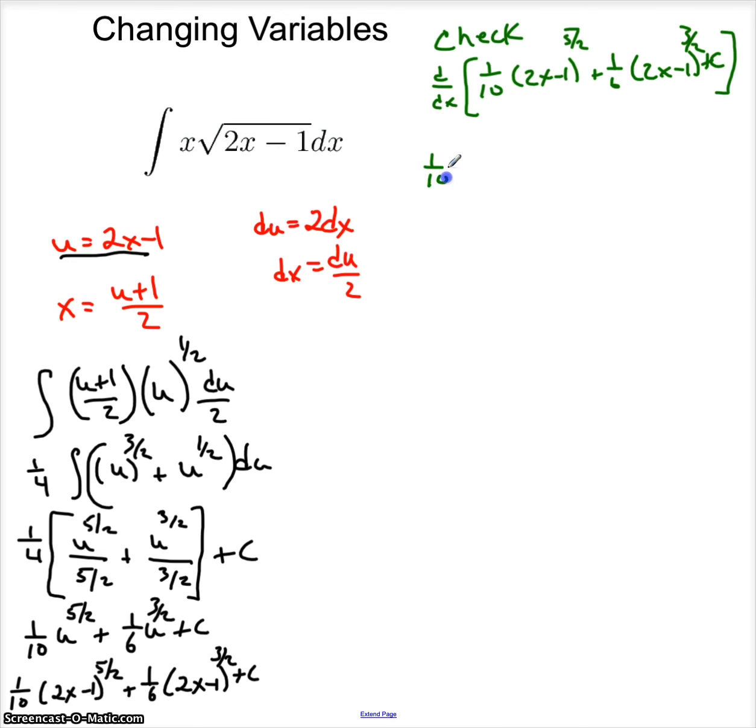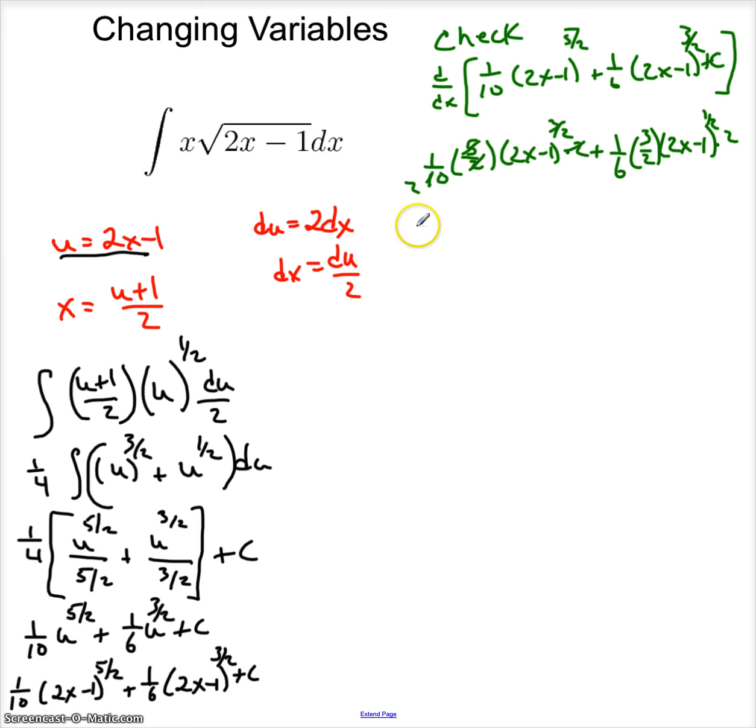This is 1/10 times 5/2 times (2x minus 1) to the 3/2 times 2, plus 1/6 times 3/2 times (2x minus 1) to the 1/2 times 2, plus 0. I've got a mess. That goes away. This goes to 2.